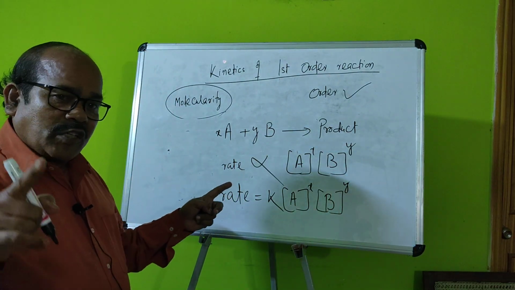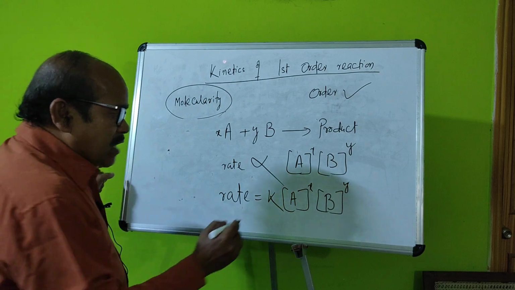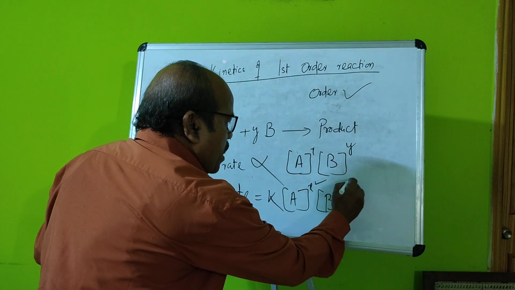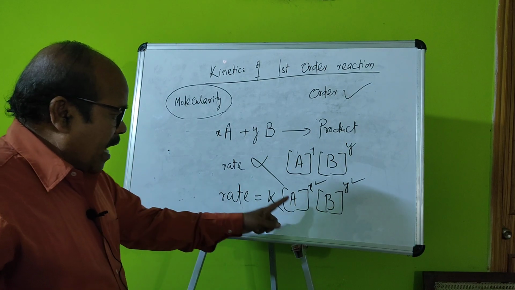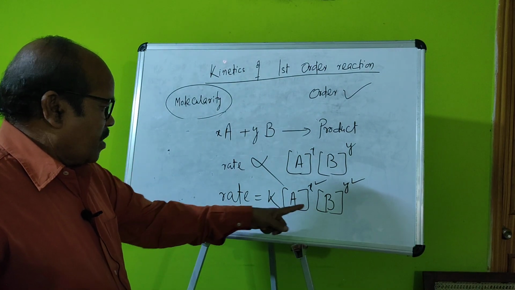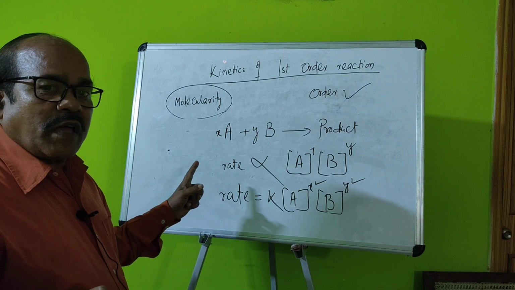The order of the reaction is defined as the sum of the exponents, I mean the powers, to which the reacting species are raised in the rate expression of the chemical reaction.